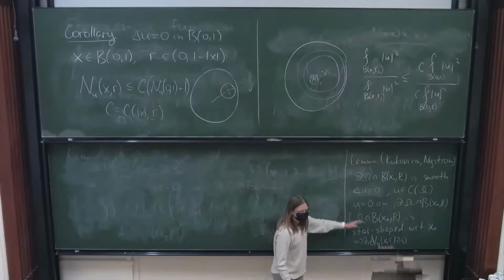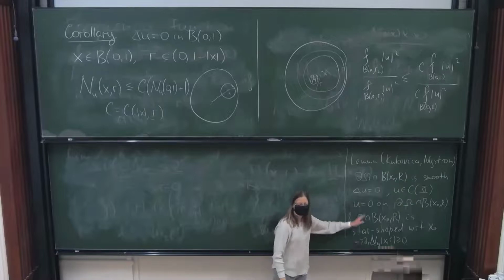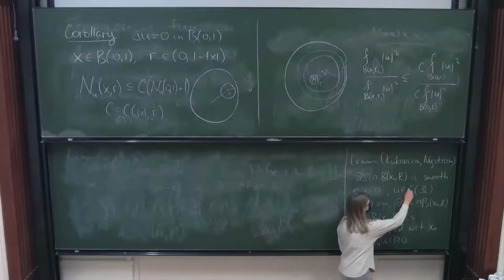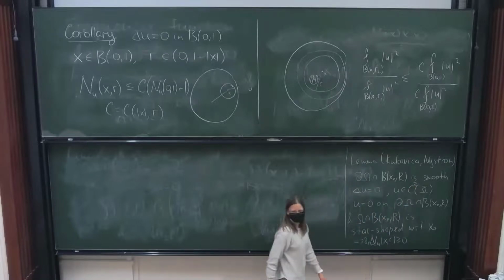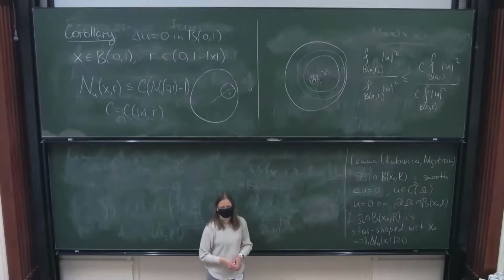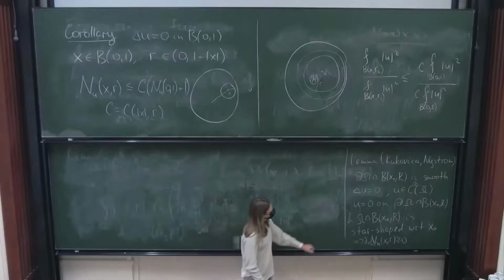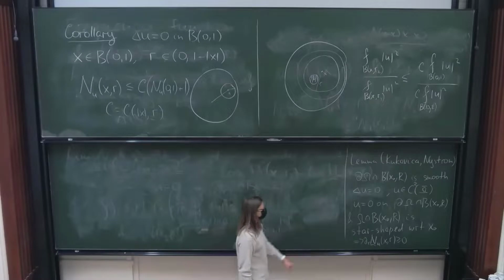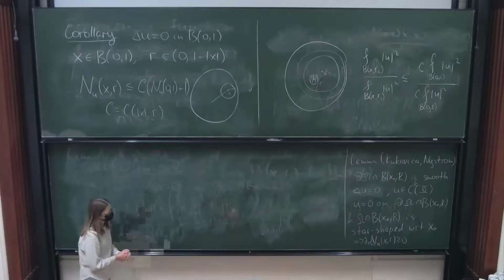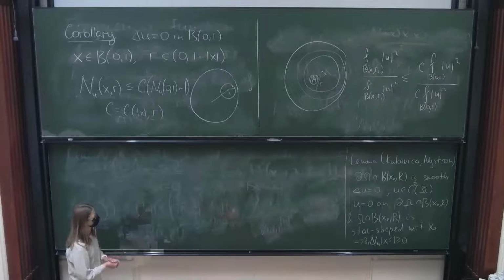In this lemma you can do integration by parts. I will probably say my function is not just continuous but C2 up to the boundary to be able to do all the integration by parts with no problems, but then you should be able to check that this is a monotone function in R.